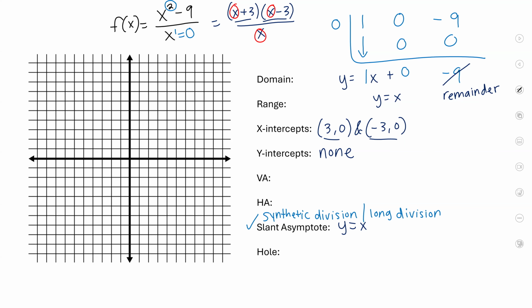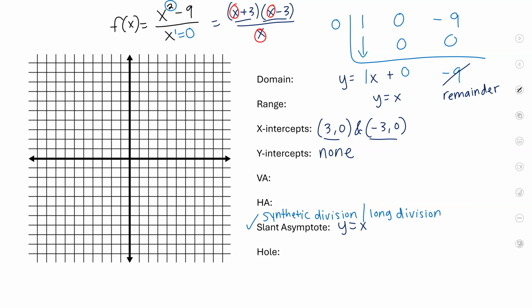So in these problems, you always want to factor. So I'm going to pull out an x. Nothing will cancel out, so that means there are no holes. Your horizontal asymptote, well, it's big on top, so that means there's none. Vertical asymptote, you set the bottom equal to 0, you'll get 3.